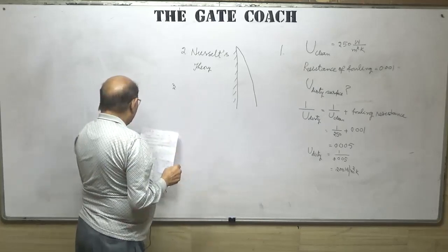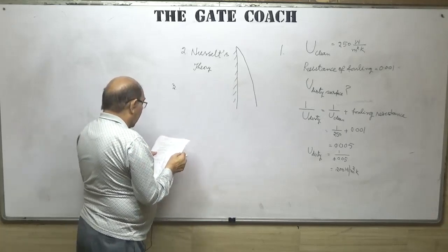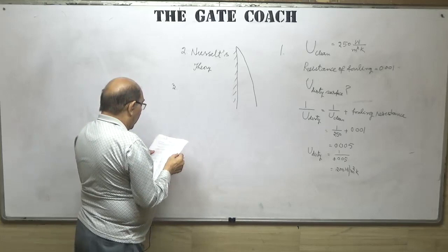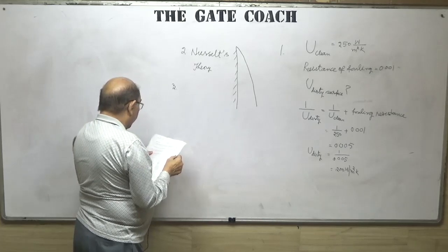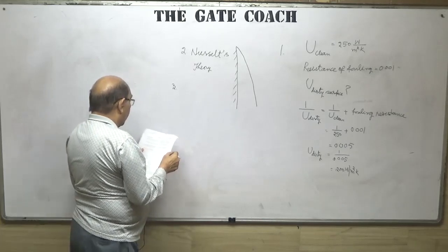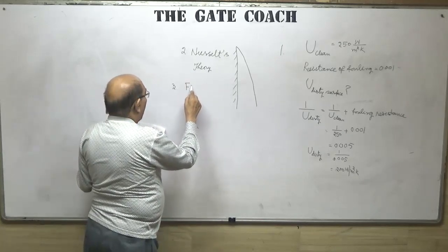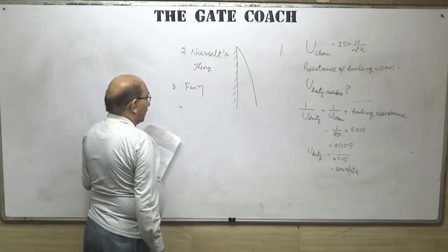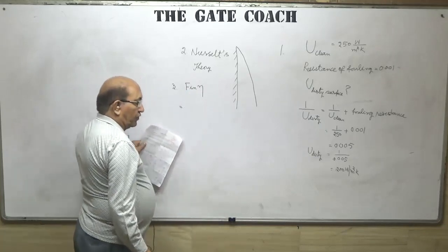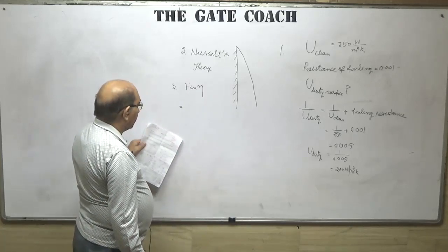Third question, a straight fin of uniform cross-section and adiabatic tip has an aspect ratio L by D of 4. If Biot number is 0.04, then what is the fin efficiency in percentage? We had derived expression for the efficiency and then for the effectiveness.